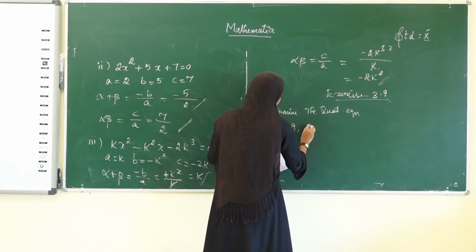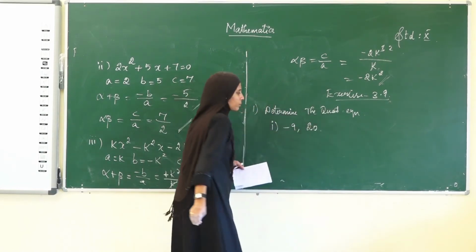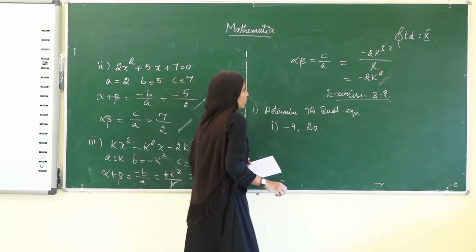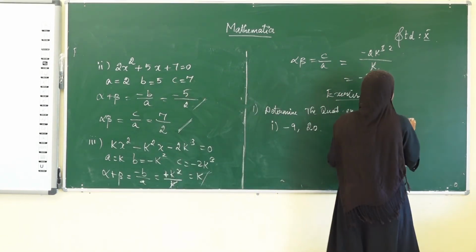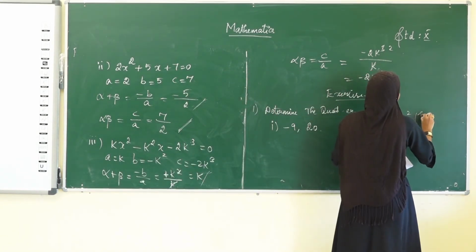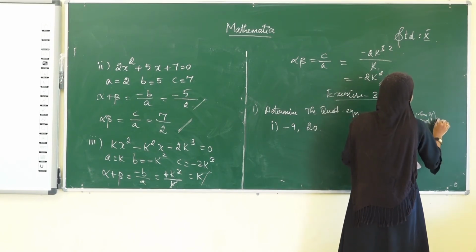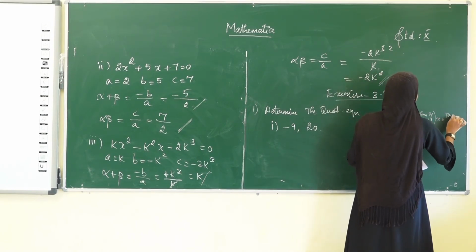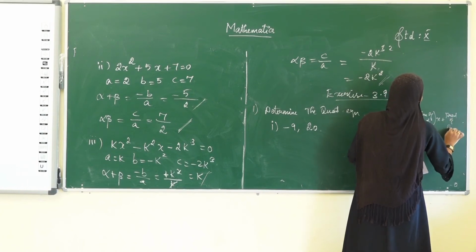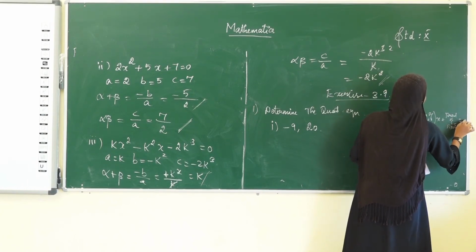minus 9 comma 20. Okay, what we know, the general form is x squared minus sum of roots into x plus product of roots equal to 0.